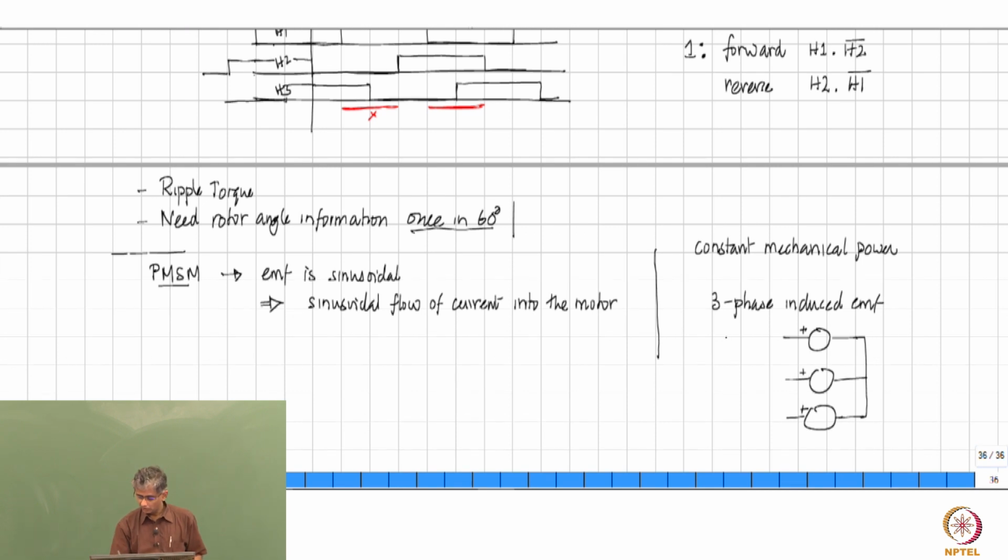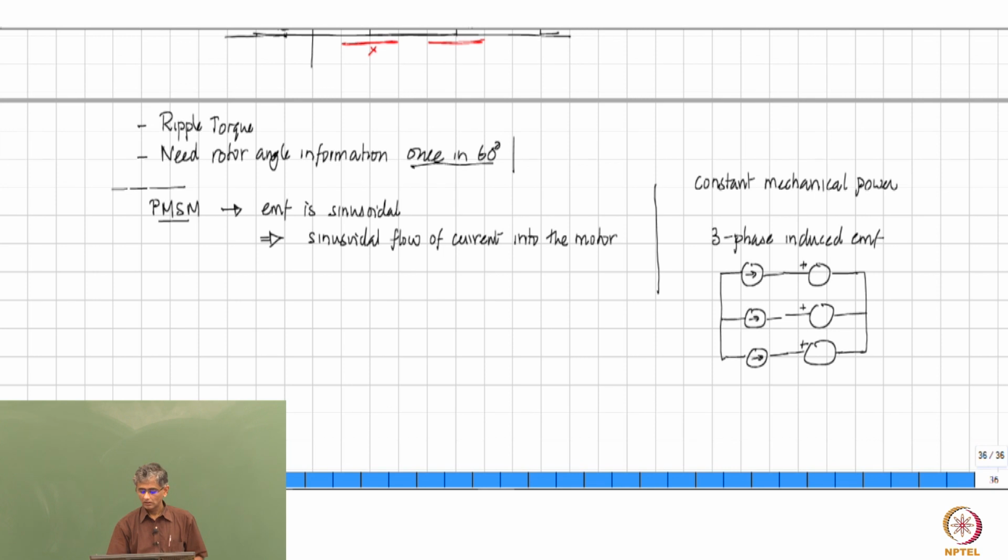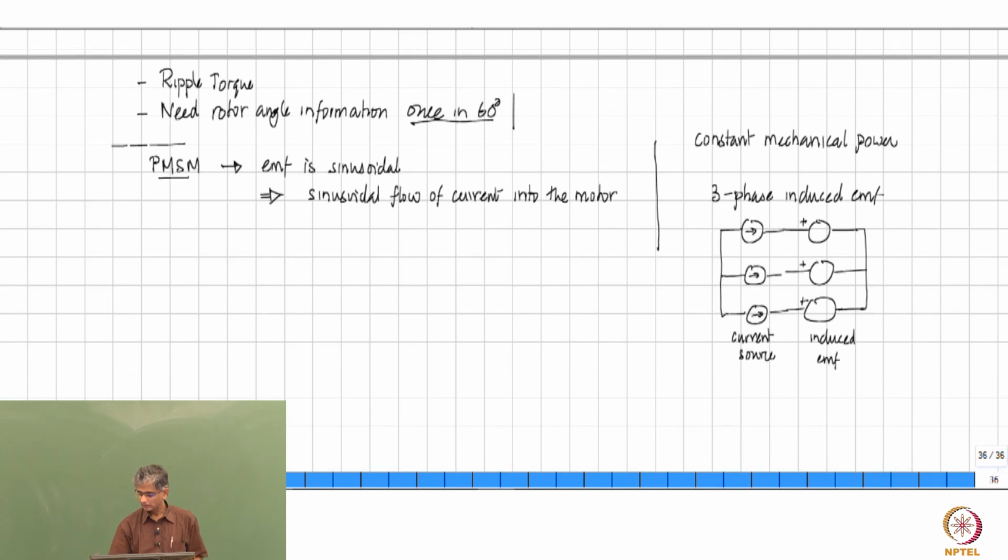Then, if you send three flows of currents, this is a current source, this is, let us say, induced EMF, right? So from the source to the induced EMF is active power flow.